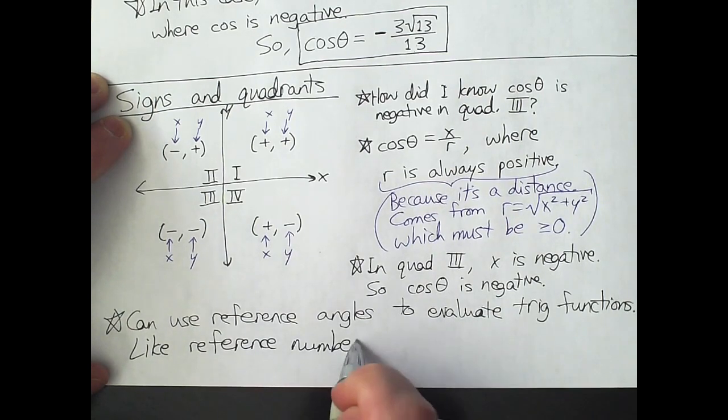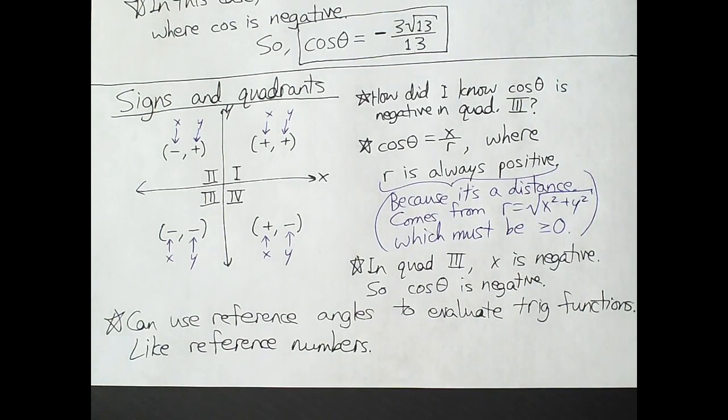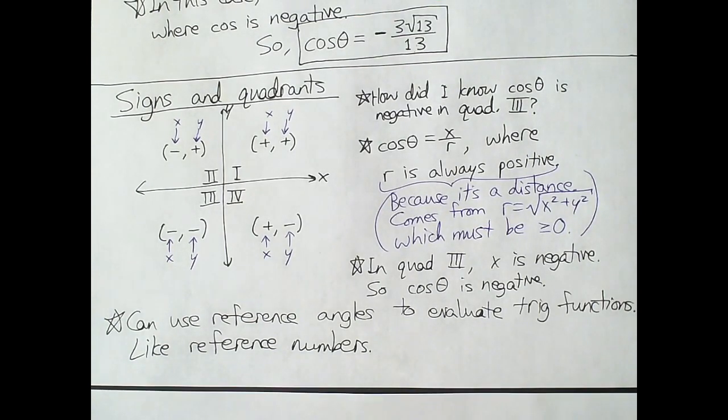So some of the problems that we see in this section are going to look like problems we did back then with reference numbers, except now we might talk about them in both degrees and radians. Back then, we just thought of them as t-values. Now we understand that the t-values that we were looking at back then could be thought of as radians.